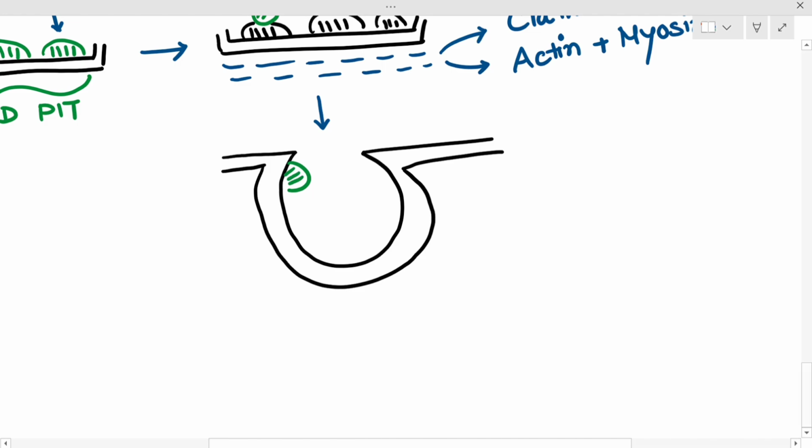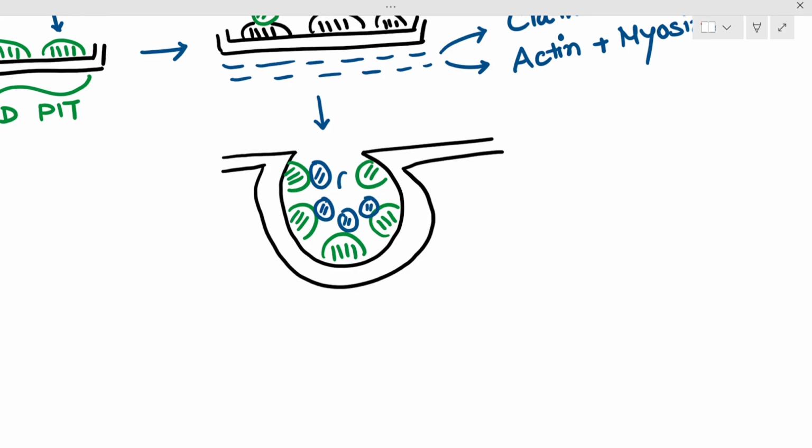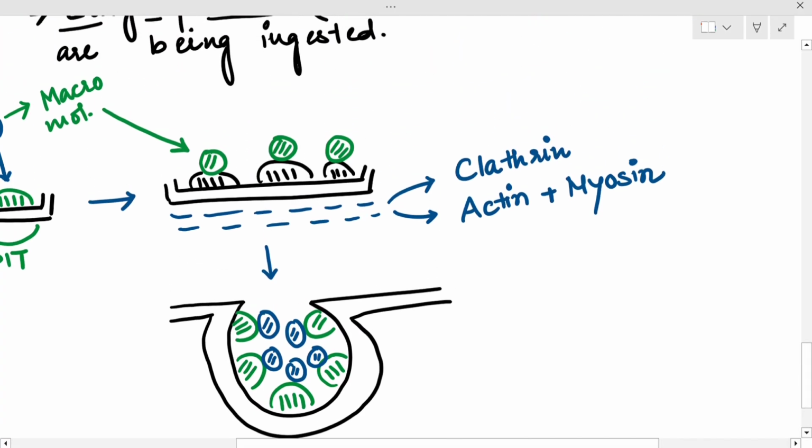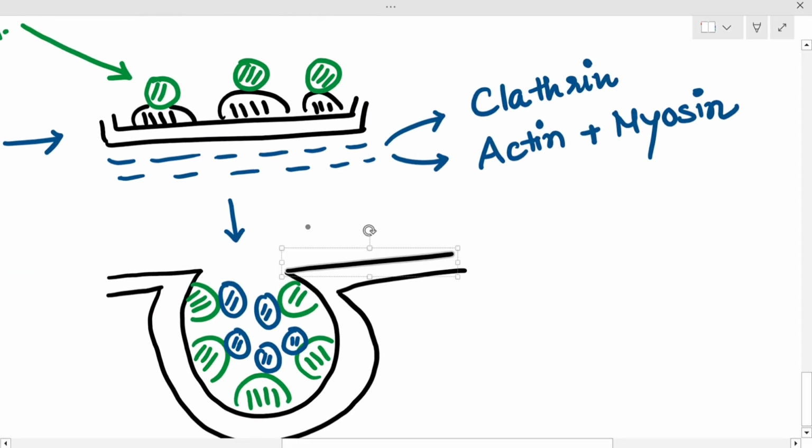So these are the receptors. These are the macromolecules. Right. Now, what happens? Since this is the outer surface of the cell membrane, on the outer surface there is the extracellular fluid.